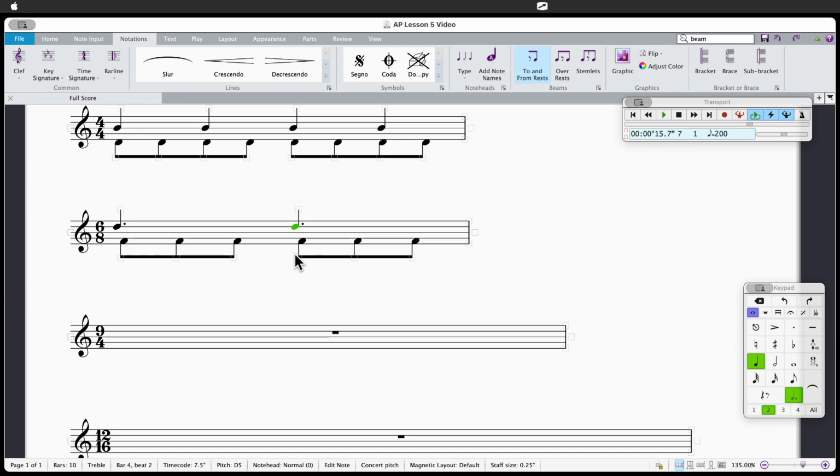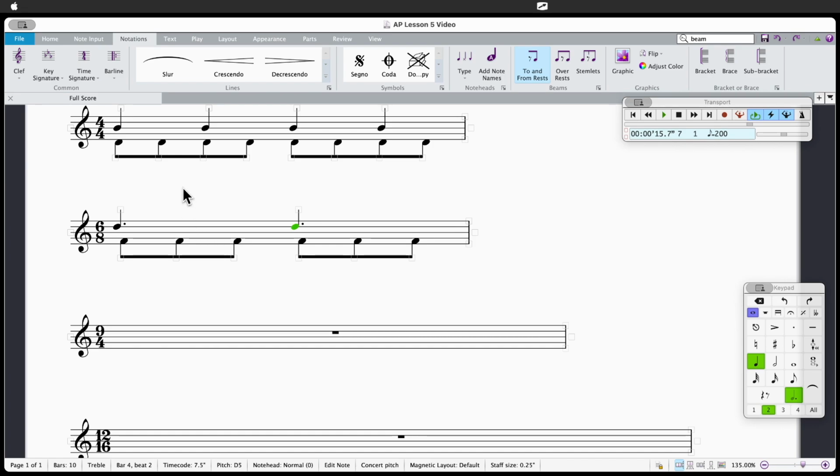One distinction about compound meters is the presence of dotted notes. Generally, the beat is dictated by some dotted note. Hint number 1 is dotted notes.